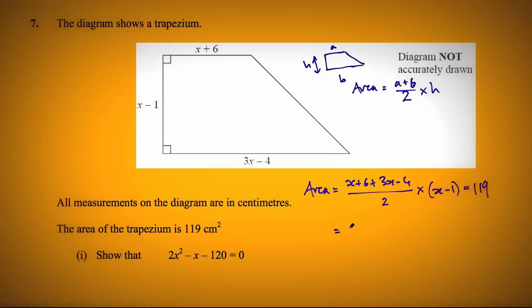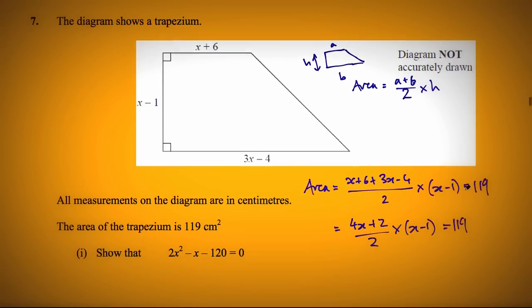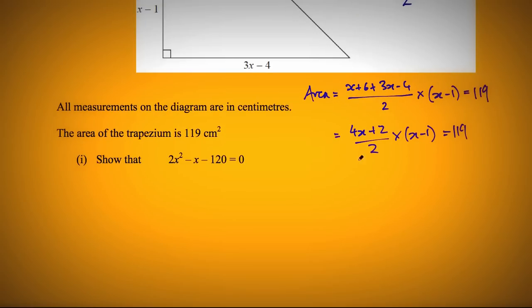So collecting like terms there, x plus 3x is 4x, plus 6 minus 4 is plus 2 over 2 times by x minus 1 equals 119. And I can divide each of those by 2, so 4x plus 2 divided by 2 is the same as 2x plus 1, multiplied by x minus 1 is 119.